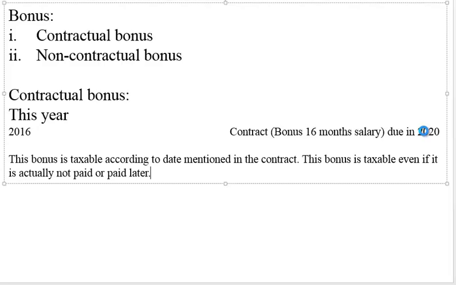It will still be taxable at the due time. So that's your contractual bonus, specified in the contract.